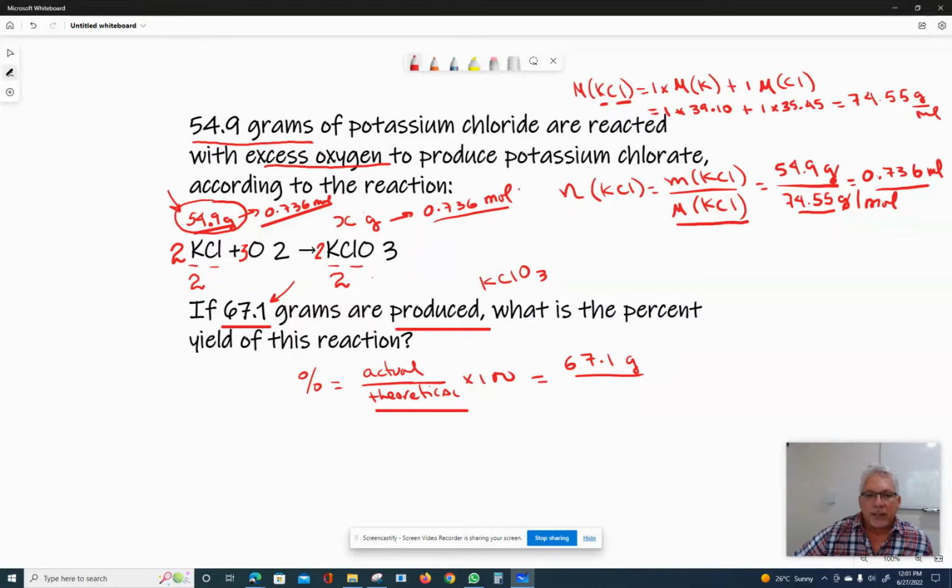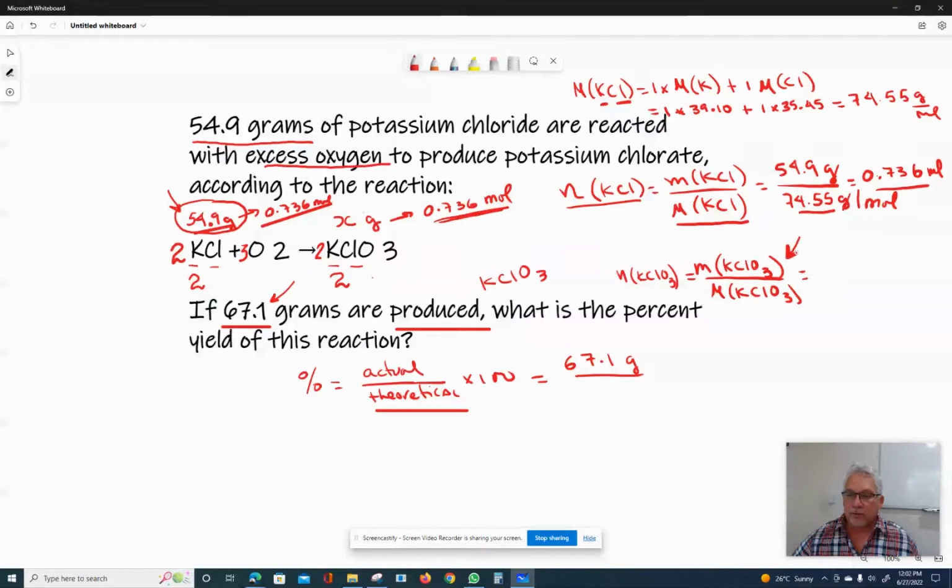And well, we had the mole of the product, and the reason I'm doing this is I need a theoretical yield. How can I find out the mass of potassium chloride? That's the one that I need now. Well, remember the same formula we use here. Number of mole of potassium chlorate, sorry, will be equal to mass of potassium chlorate over the molar mass of potassium chlorate.